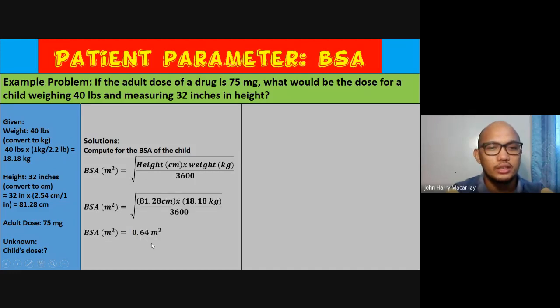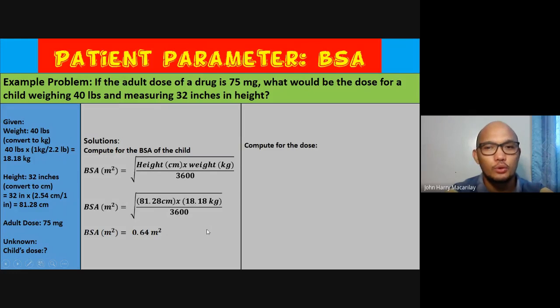Before you get the square root, you get first the product and the quotient. So the answer for this BSA of the patient is 0.64 meters squared. The meter squared is not actually present, but we will assume that the unit now is meter squared.